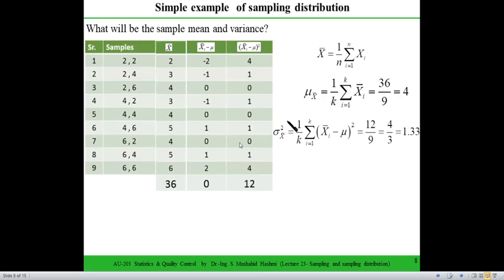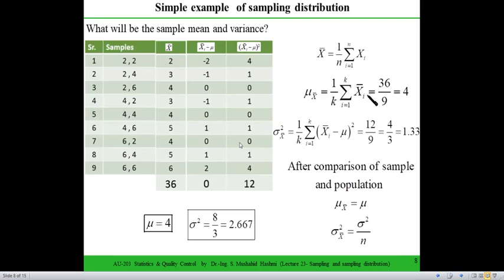So sigma square is a variance, and the subscript x bar represents that it is the variance of a sample mean. Earlier, the population mean was 4 and the population variance was 8 by 3. If you look at the comparison, the mean of the sample means and the population mean are identical values: 4 and 4. But the sample variance and the population variance are not identical.